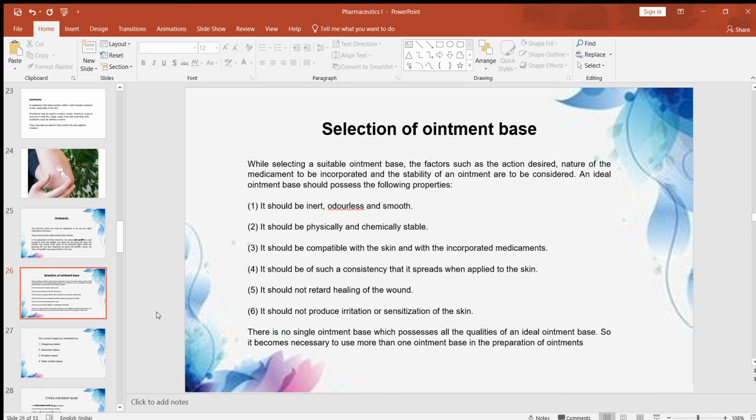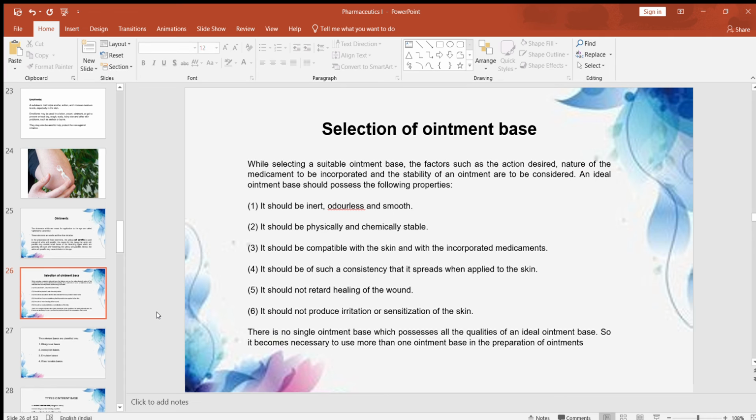Its other name is hydrocarbon. Then absorption bases, emulsion bases, and water soluble bases, which are mostly macrogol bases. Chemically they are macrogol.